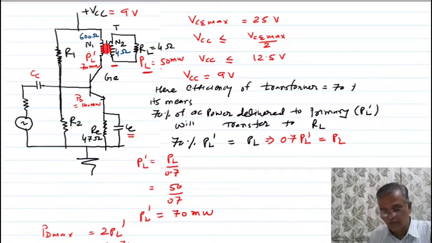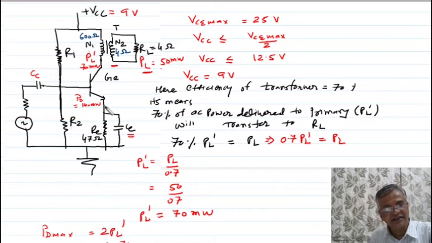So I have taken 150 milliwatt. Suppose someone says, no sir, I want to take 1 watt. You can take 1 watt. I want to take 300 milliwatt. You can take 300 milliwatt, but the cost will increase. When you are designing any circuit, cost is also important. So we are taking more than this, 150 milliwatt. You can take 200, you can take 300.